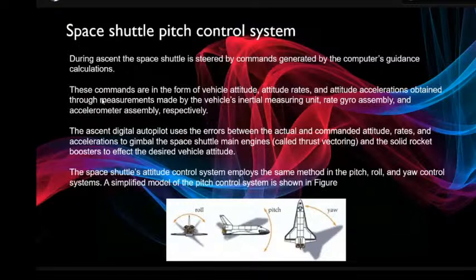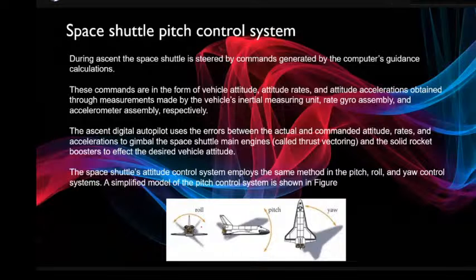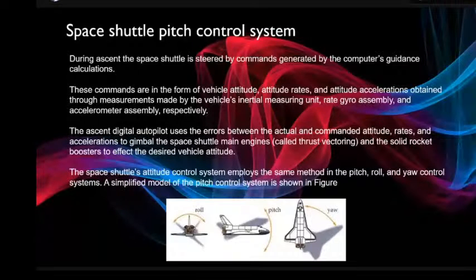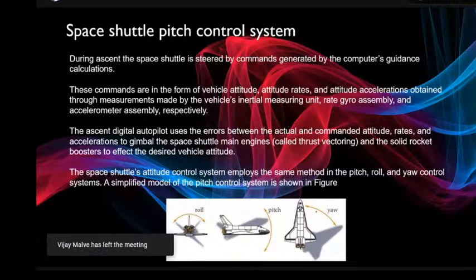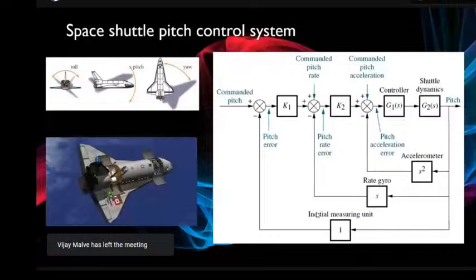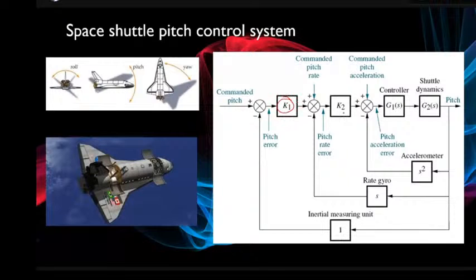Then another one is the space shuttle pitch control. You want to change the position of it. In a similar fashion, the same way we can work it out here also. So there are multiple blocks in it. There is a commanded pitch, then there will be a gain for it. This is one gain. This is my second gain.